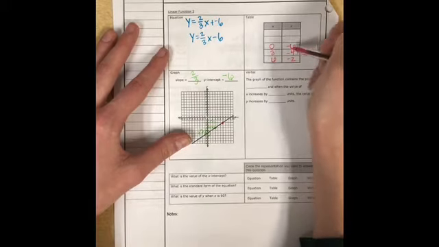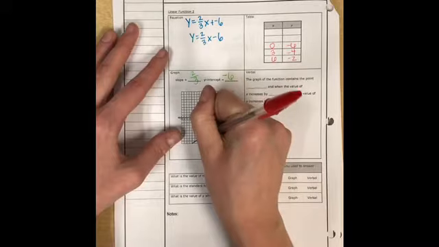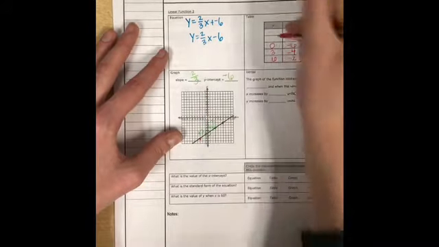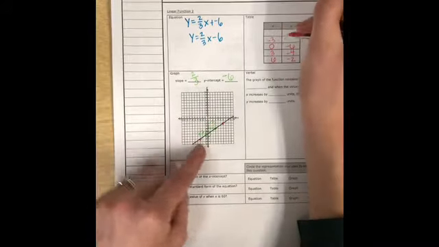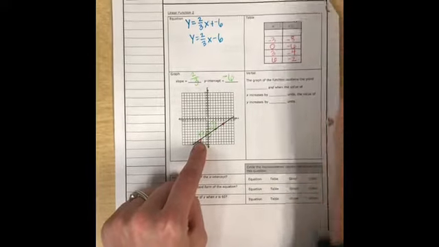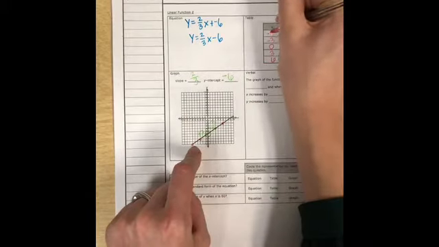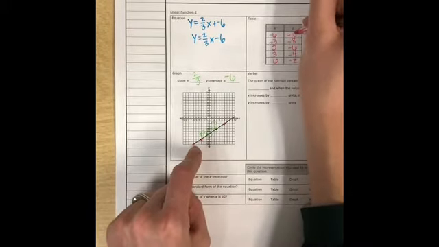Now you could either start seeing the pattern and fill it in, or you can keep going and find a couple more. So right here, when my x is negative 3, my y is negative 8. And I have one right here: when I have negative 6, my y is negative 10.